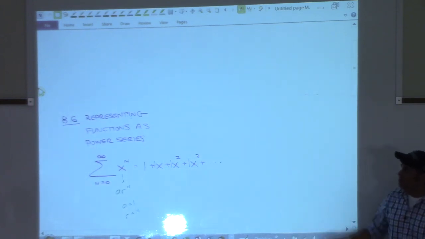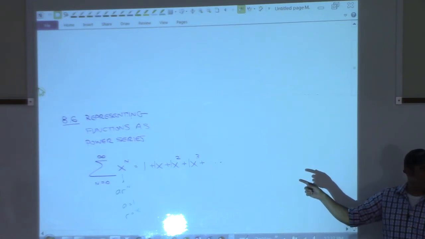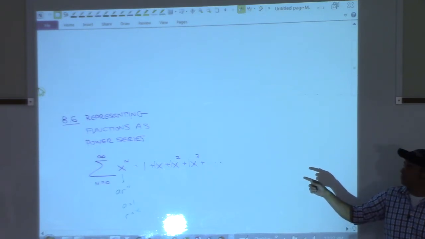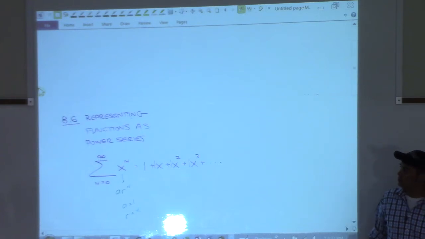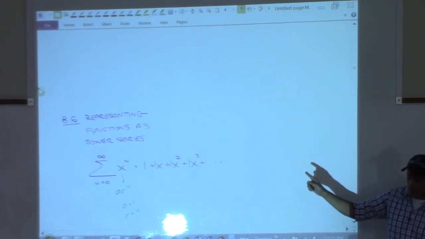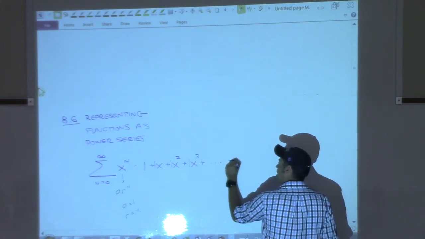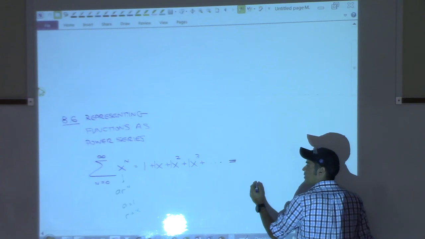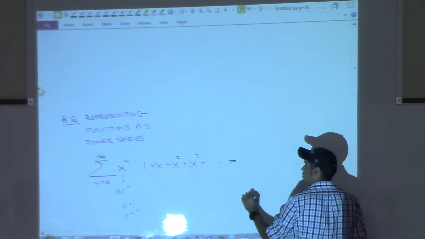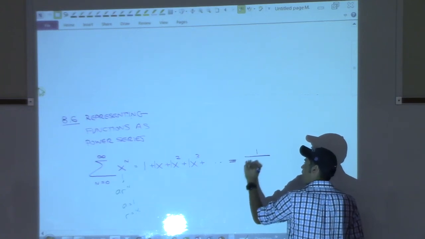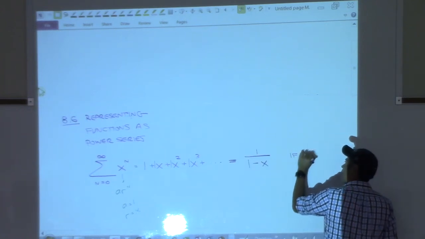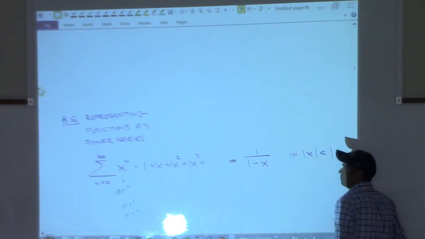Okay. Now, does this power series converge? It does when the absolute value of x is less than 1. Okay, so this does converge when the absolute value of x is less than 1, right? And what does it converge to? What is it equal to? a over 1 minus r, so 1 over 1 minus x, if the absolute value of x is less than 1.